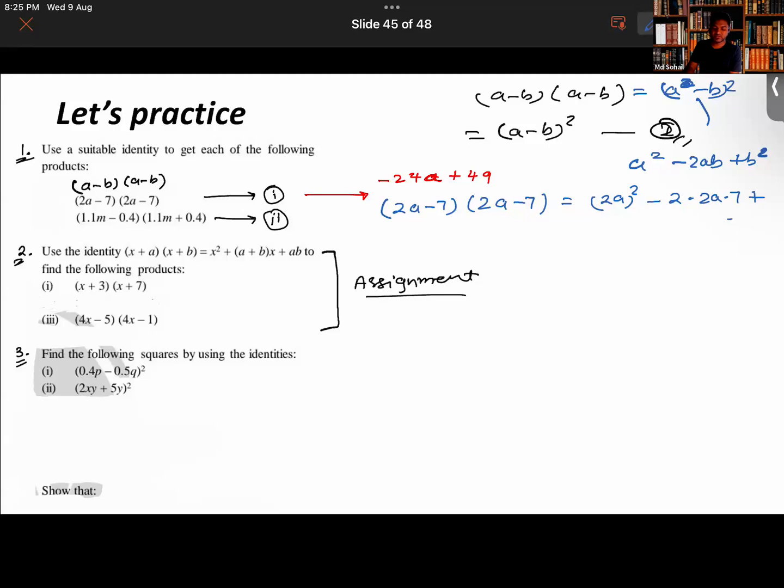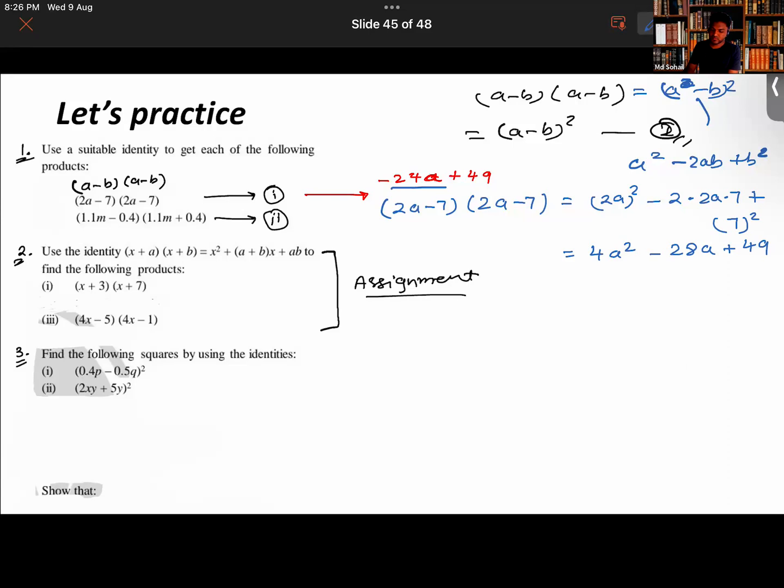B here is 7. So you are getting 4a square minus 28a plus 49. Yes, sir. Can we solve it further?